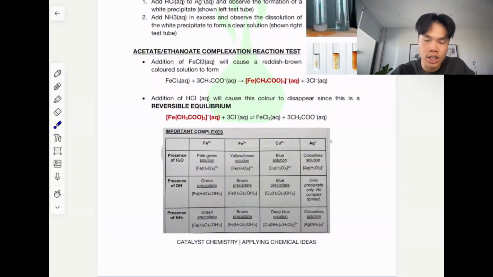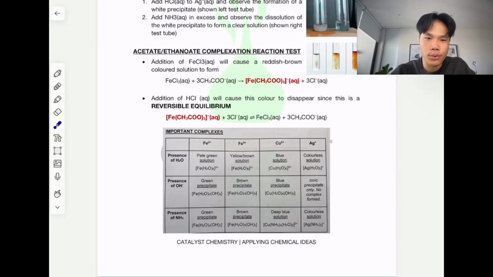So the first step is you add iron chloride, which makes a red-brown solution, and you could just show the complex ion, and then you would say, because this forms an equilibrium with acetate and iron chloride, if I added excess HCl, this would remove the color by shifting the equilibrium right, and we would see a decolorization.